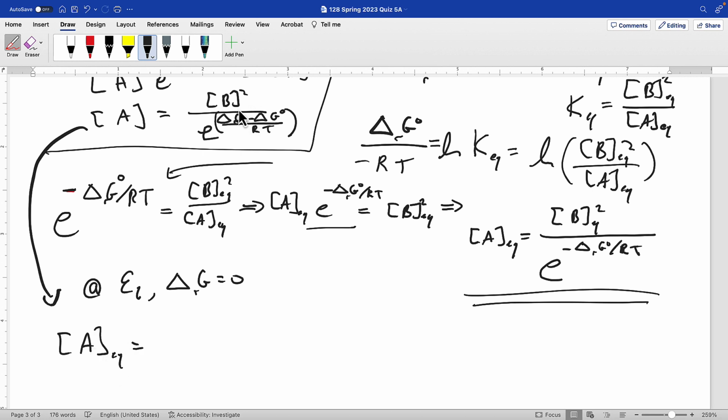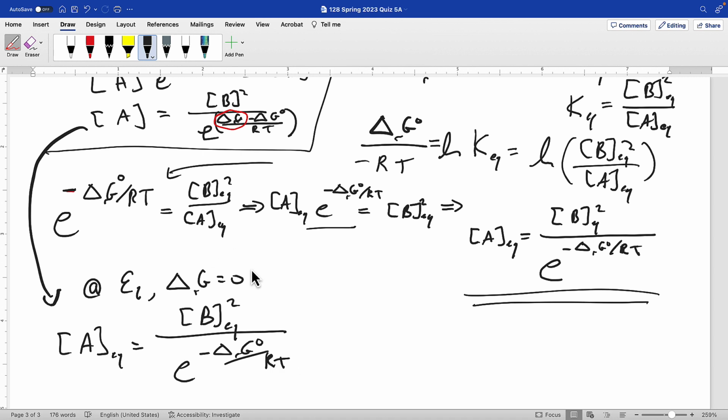Remember, we're sending this piece I'm circling here to 0 because we're at equilibrium. What do we get? B squared, and because we're at equilibrium we have to write equilibrium there, over e to the negative delta G standard over RT. So we get the same answer.